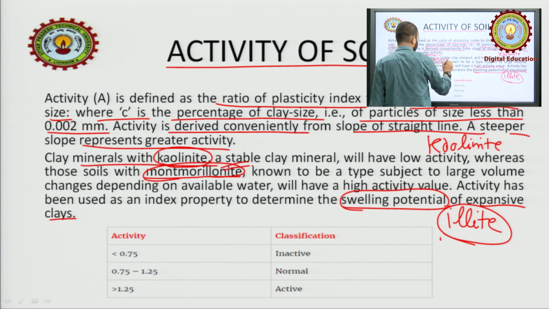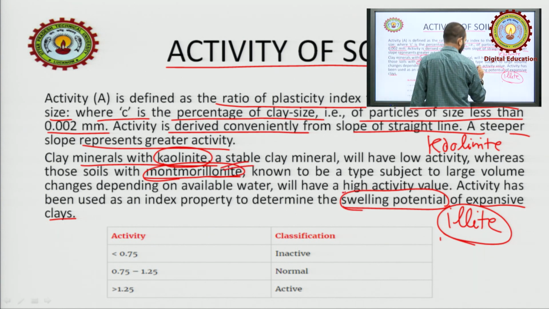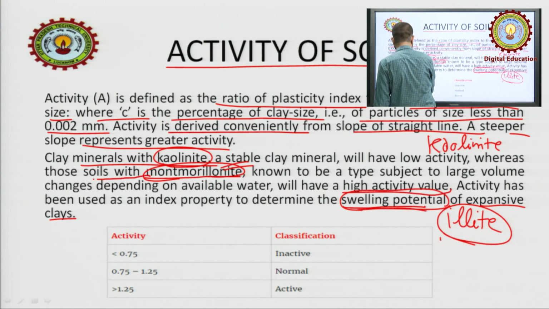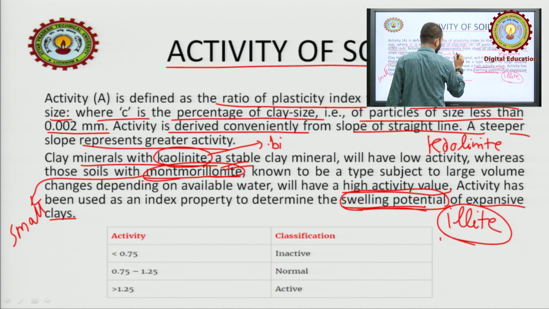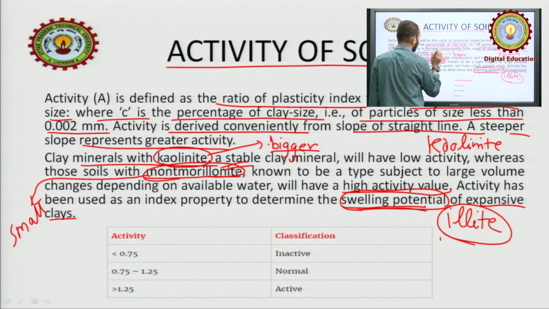If there is montmorillonite, then it will be high activity or high swelling property, because it is very small in size. Kaolinite is relatively bigger in comparison to montmorillonite.